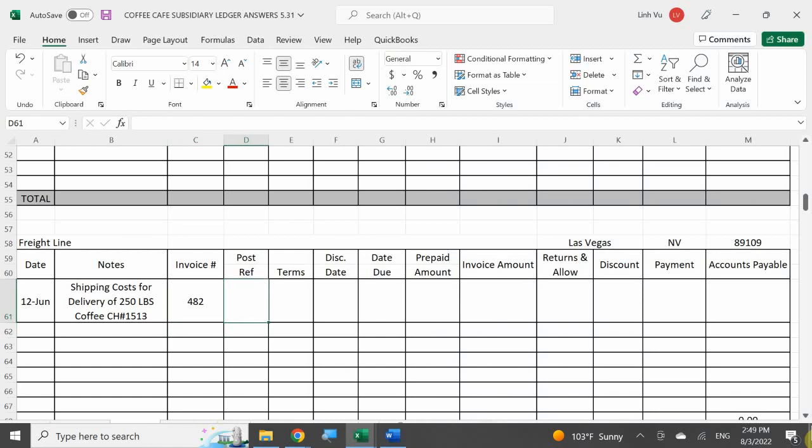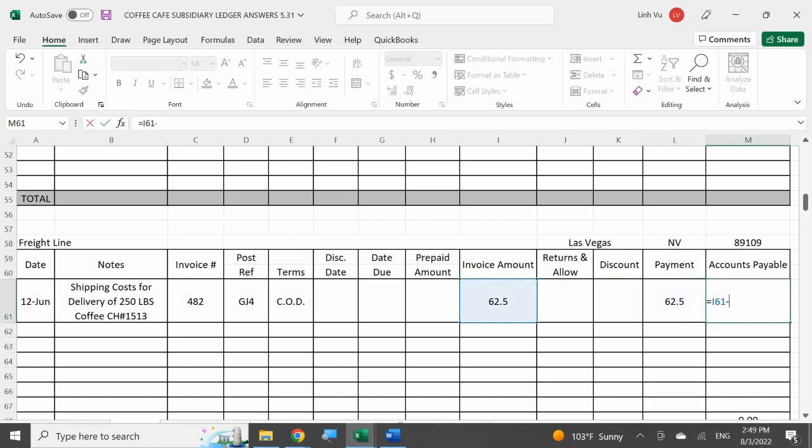Once again, we are still on my general journal page 4, and the terms was cash on delivery. Okay. So therefore, it was quoted for $62.50, and because it was cash on delivery, we had to pay.